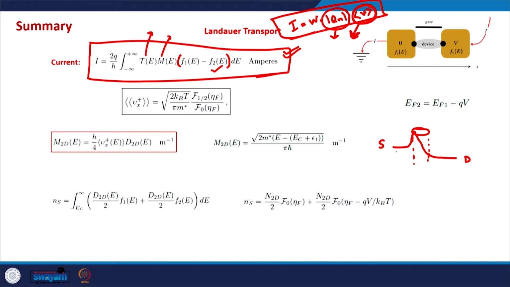So, in a MOSFET the velocity may not actually be the same everywhere. Especially in a diffusive transport based MOSFET, in a long MOSFET, velocity is dependent on the electric field.